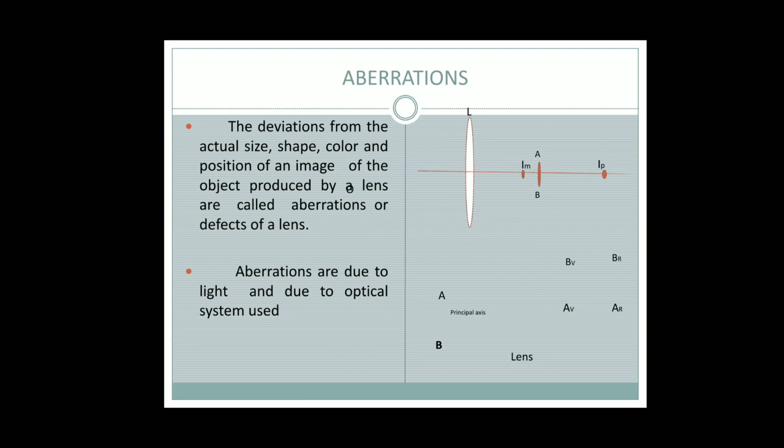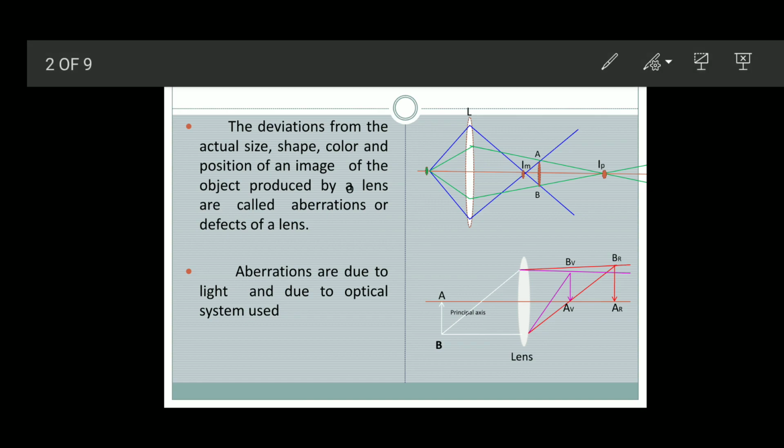If this is the principal axis, and a point object is placed on the principal axis on the left side of the convex lens, two rays pass through the convex lens and images are formed at IM and IP. IM is nearer to the convex lens and IP is far from the convex lens.